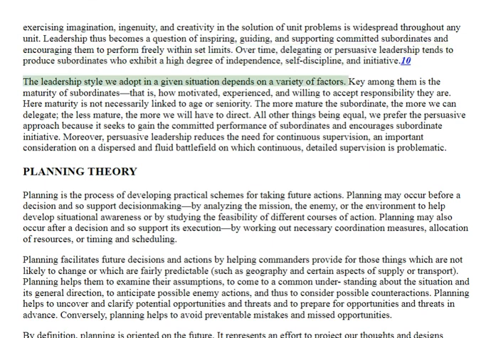The leadership style we adopt in a given situation depends on a variety of factors. Key among them is the maturity of subordinates, that is, how motivated, experienced, and willing to accept responsibility they are. Here maturity is not necessarily linked to age or seniority. The more mature the subordinate, the more we can delegate; the less mature, the more we will have to direct.